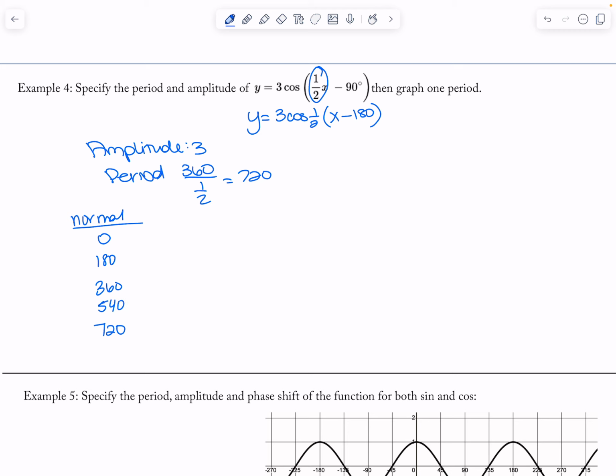Now, I need to move to the right by 90 degrees. So that's 90, 270, 450, 630, and 810.